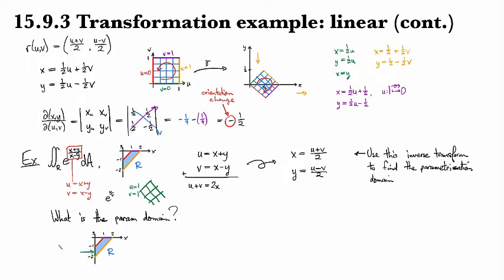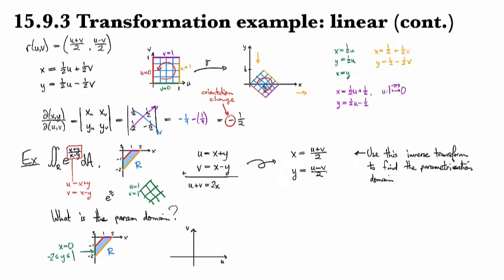This is where x is equal to 0, and we've got y between minus 2 and minus 1. So that means that on our output here, or our parametrization domain, I'm just going to call it parametrization domain so I don't have to mess with which direction the transform is going. Okay, so let's see. This is x equals 0.